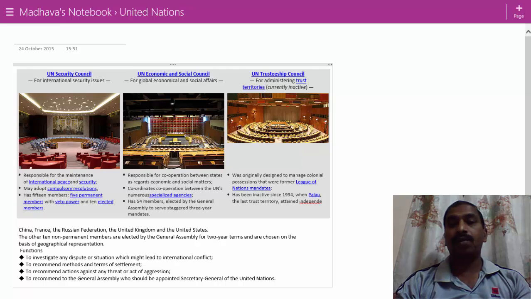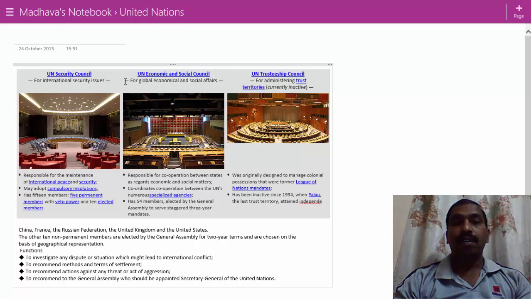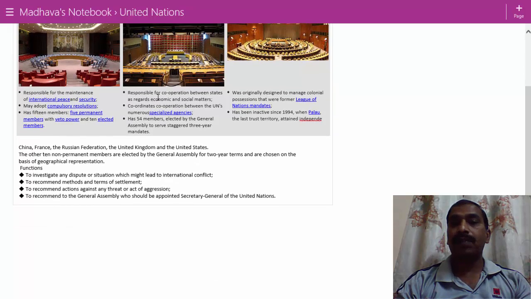The next bodies are the UN Economic and Social Council, for global economic and social affairs. It is responsible for cooperation between states regarding economic and social matters, and coordinates cooperation between the UN and numerous specialized agencies. It has 54 members elected by the General Assembly to serve staggered 3-year mandates.